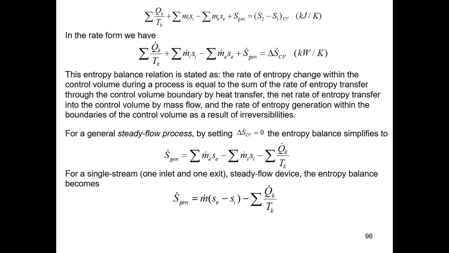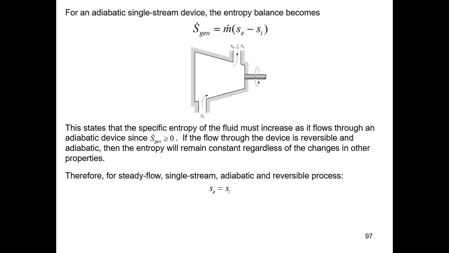For a single stream, one inlet, one exit steady flow device, the entropy balance becomes S dot generated is equal to m dot times s leaving minus s entering, minus the sum of Q dot k divided by T, the absolute temperature in Kelvin.